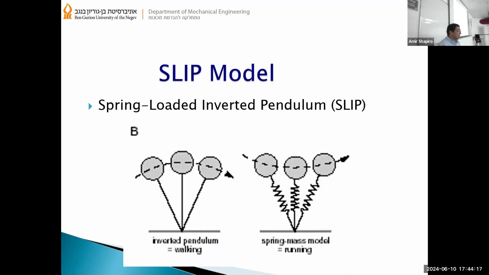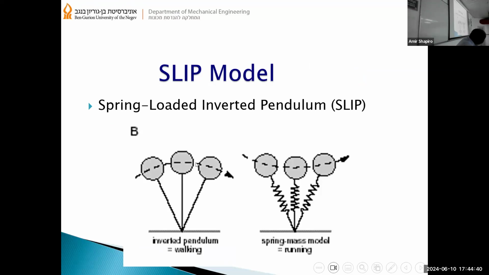Sometimes, for dynamic effects, some researchers like to see the human body while walking as the SLIP model, the spring-loaded inverted pendulum, as you can see here.